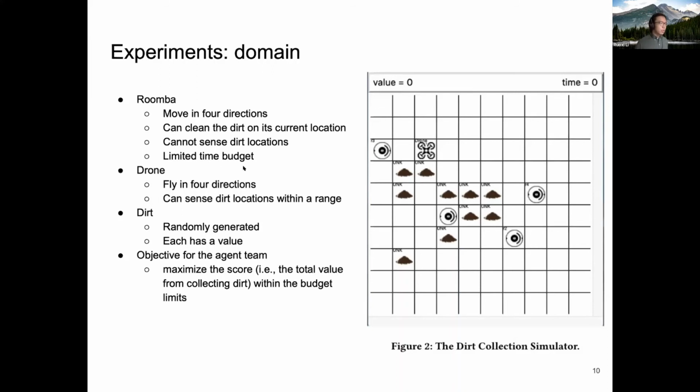And a drone can fly around and sense the locations of the dirt within a range. And the dirt are randomly generated. Each has a value. The objective is to maximize the score for the team within the limited budget. And the score is the total sum of the value collected from the dirt.